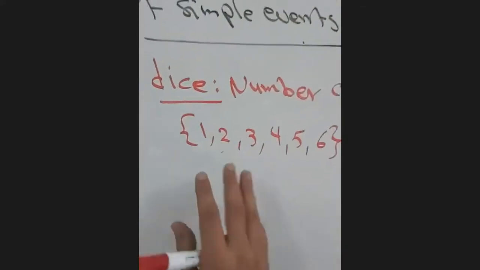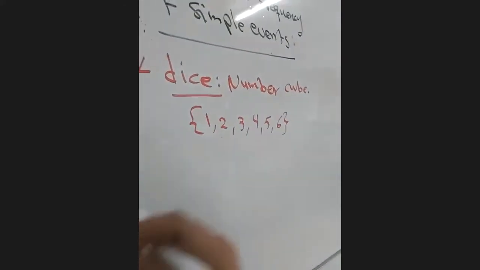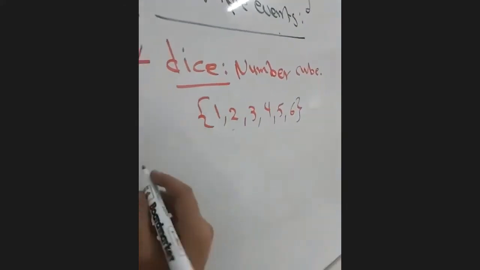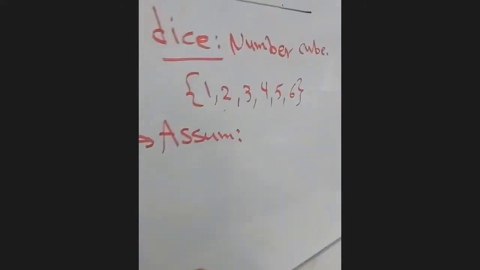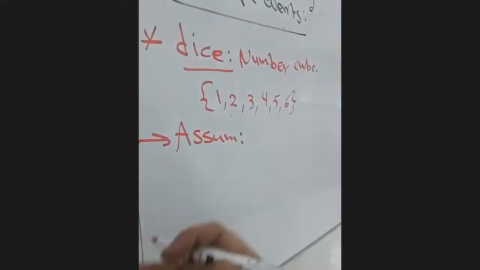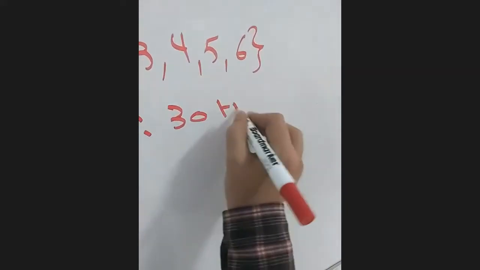Now, this dice, guys, has 6 options. I'm assuming that you flip this dice 30 times.